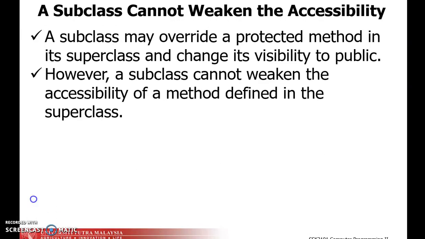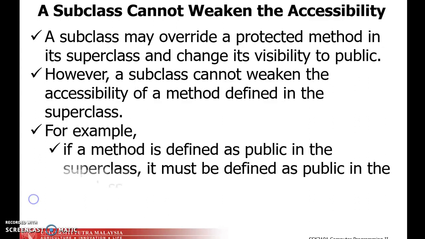From the program that you have constructed from the previous slide, it can be clearly observed that a subclass named C3 may override and invoke a protected method in its superclass, named protected void m method, and change its visibility to public.